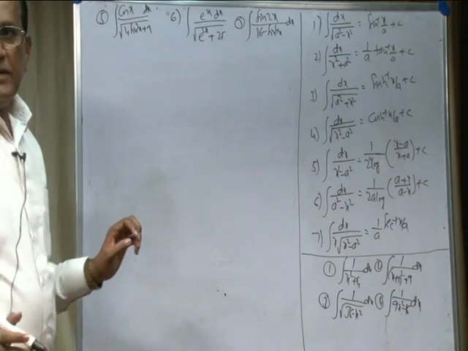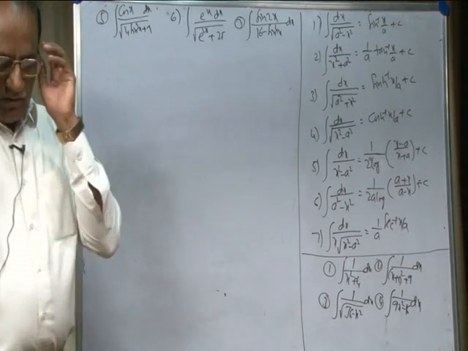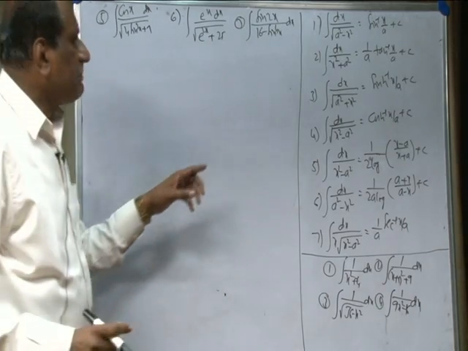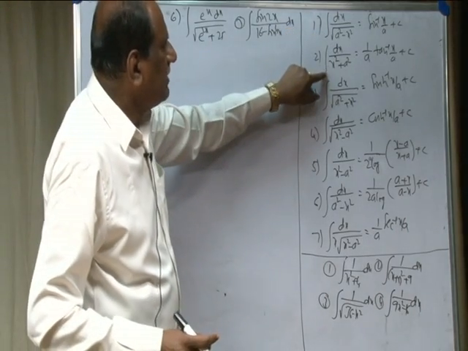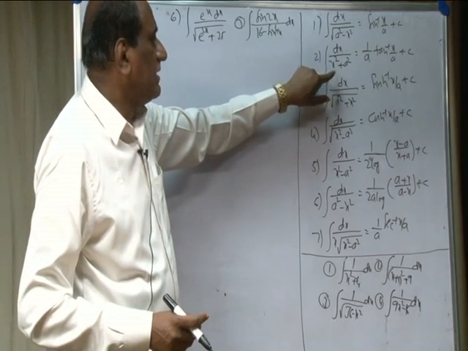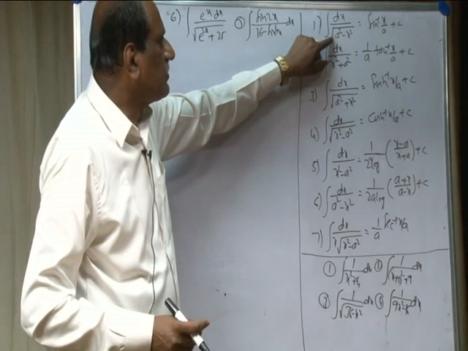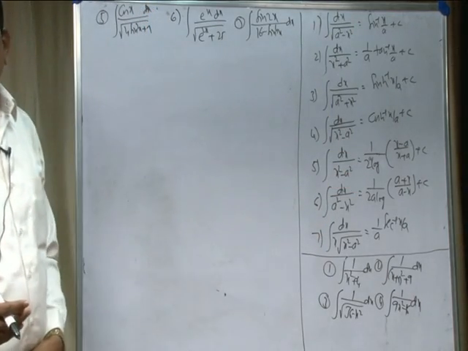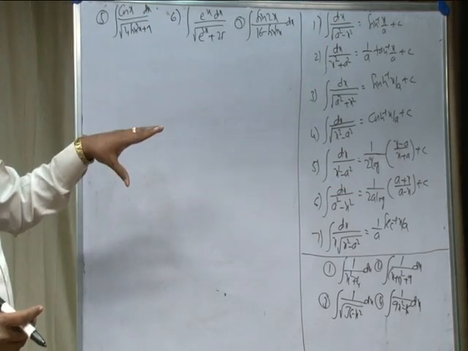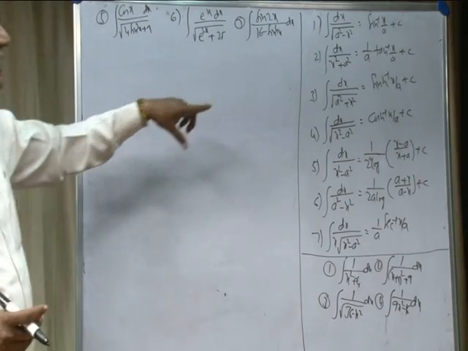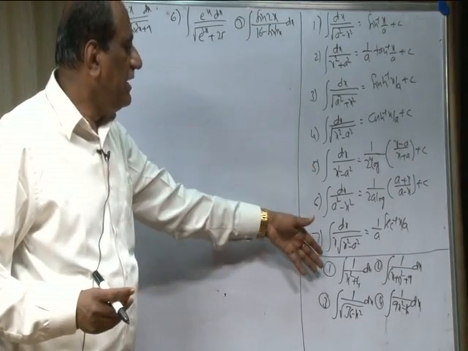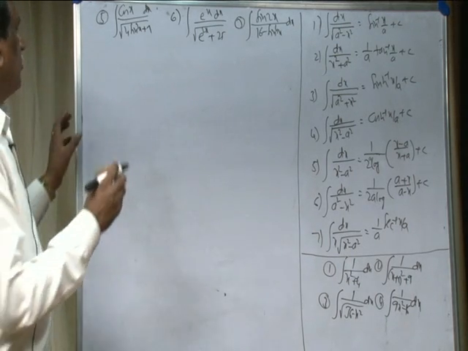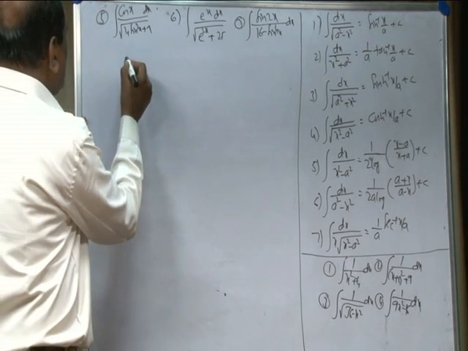One more important point to be noted before working out these problems: you must express denominators as sum of squares or difference of squares, under the root sign as well. You must express all denominators in the form of the denominators in the standard 7 forms of integrals. Now, one by one problem, see here all of you.